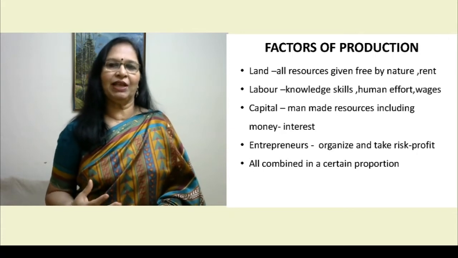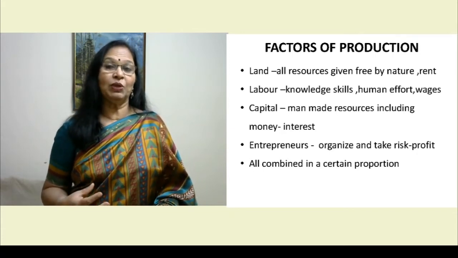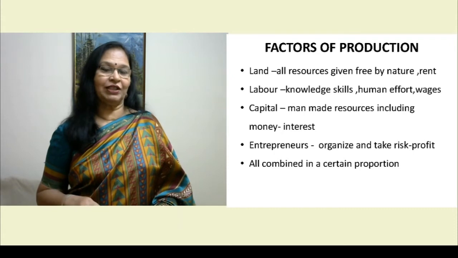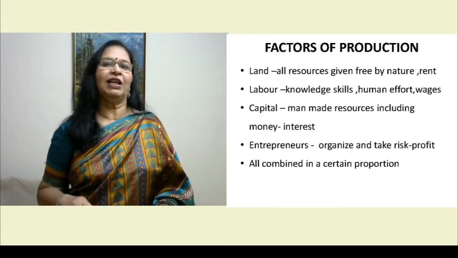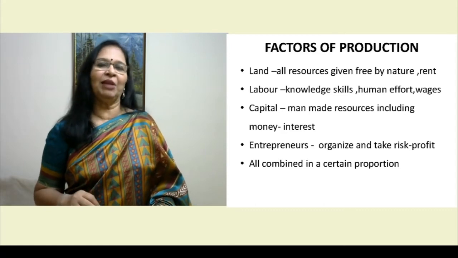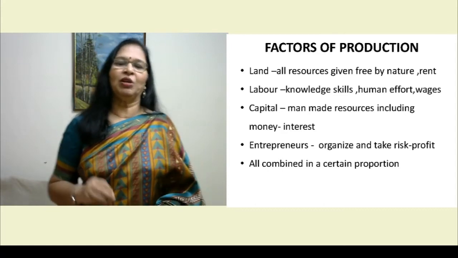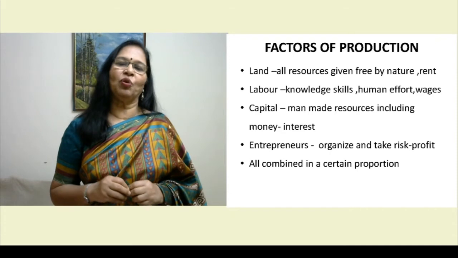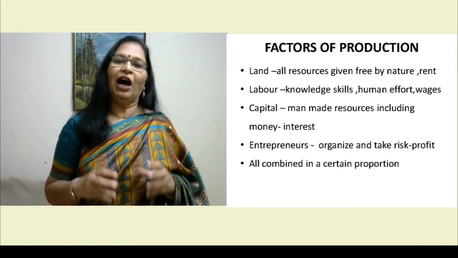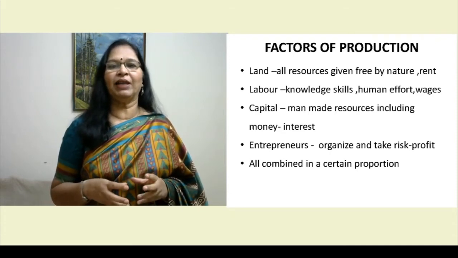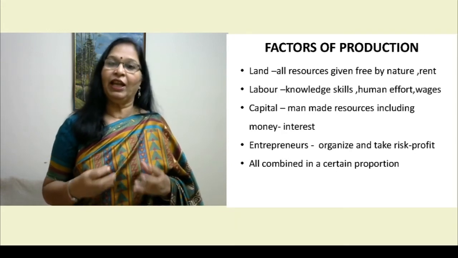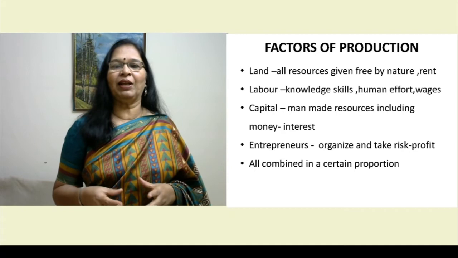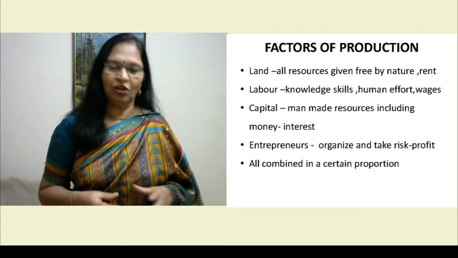These 3 elements cannot be utilized unless there is a fourth factor, which is the entrepreneur. Only when the entrepreneur is organizing these 3 elements can we talk about production. The entrepreneur's role is about efficiency: how these 3 factors can be combined in an efficient and creative manner.